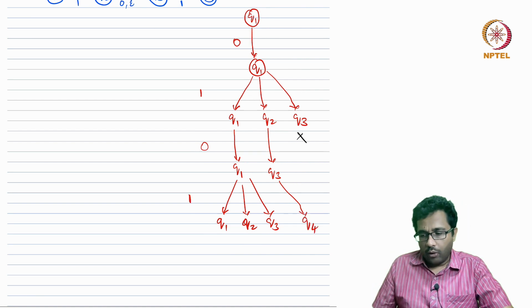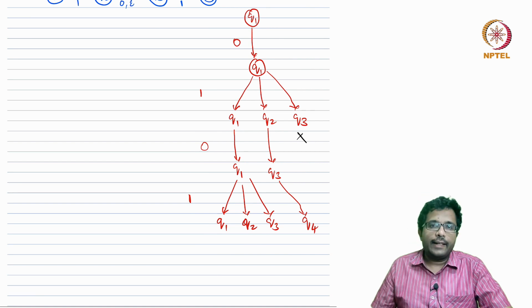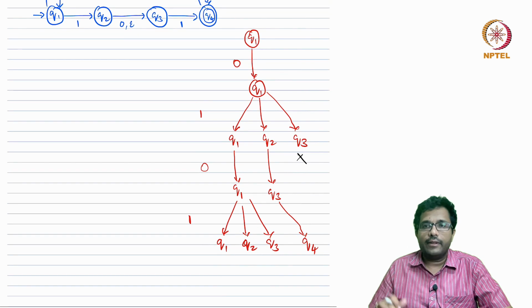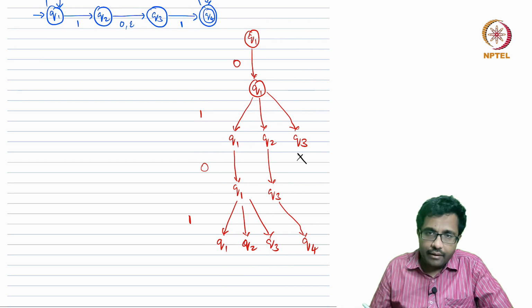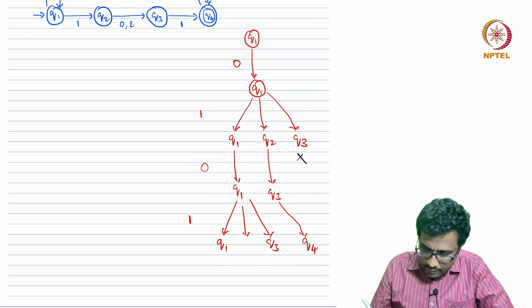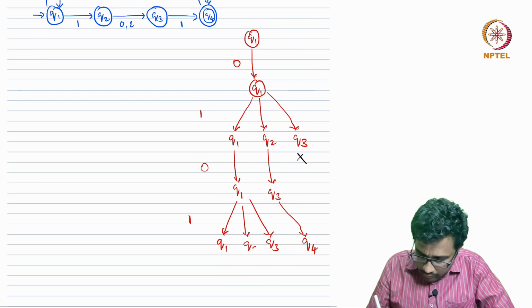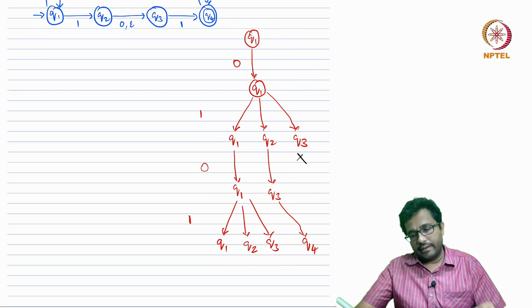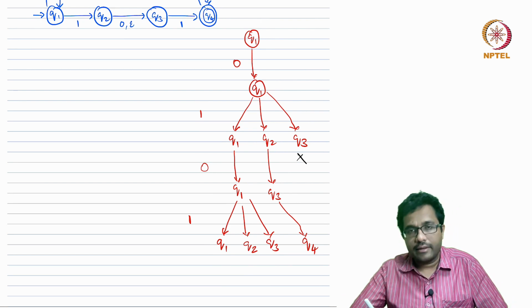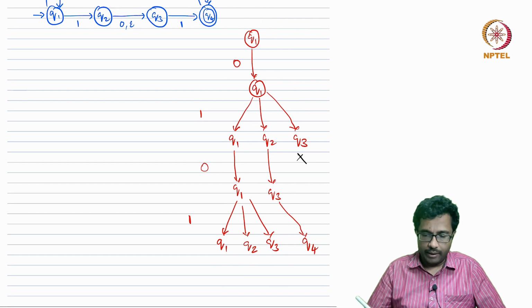So this is where all the NFA can be after reading the string 0, then the string 0 1, then the string 0 1 0, and then the string 0 1 0 1, right.